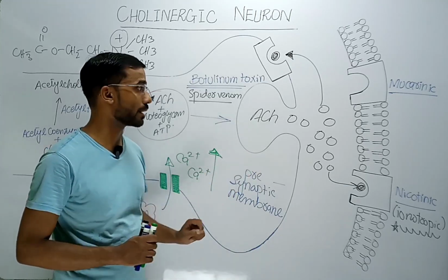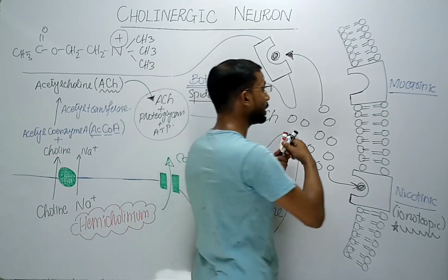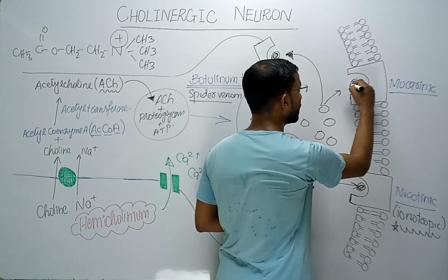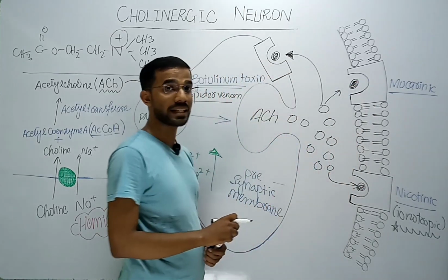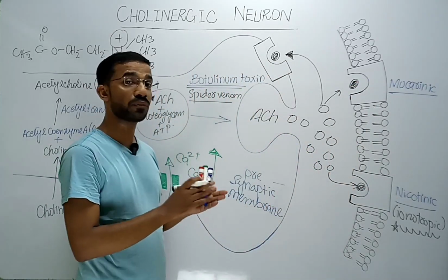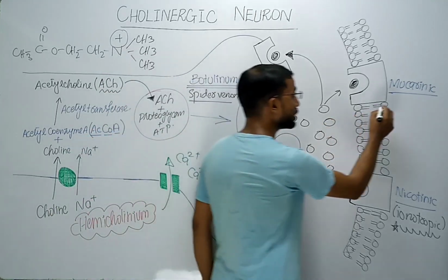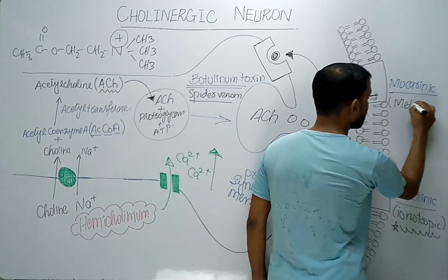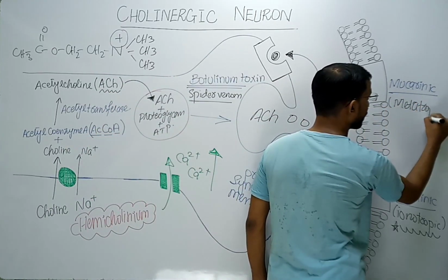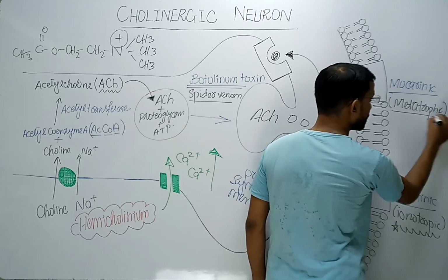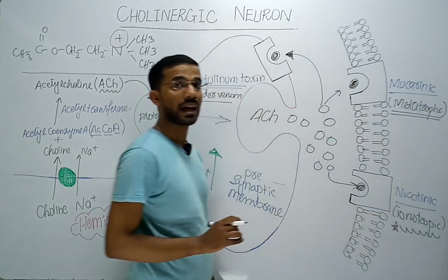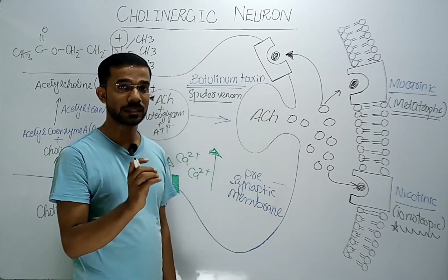When the acetylcholine binds to the muscarinic receptor, then as a result you will see a different scenario, and in that case you will see the metabotropic process, and as a result you will see two mechanisms.